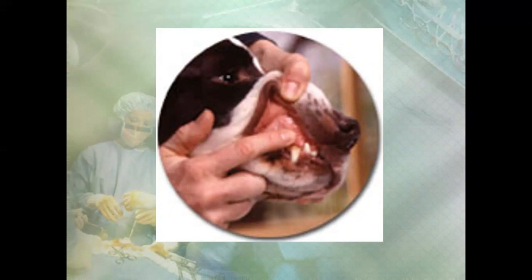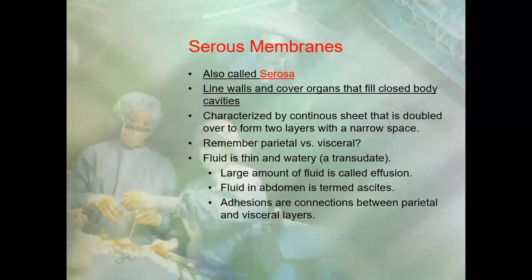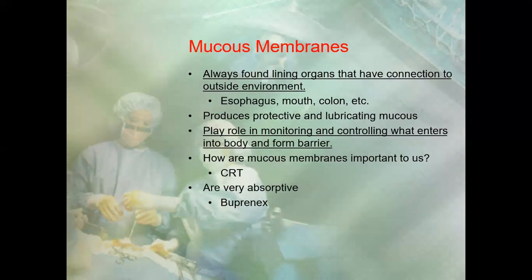So there's a picture of our CRT. Serous membranes, they produce watery fluid. This is going to be an example of, remember a million years ago when we talked about, do you need me to go back? I can go back.